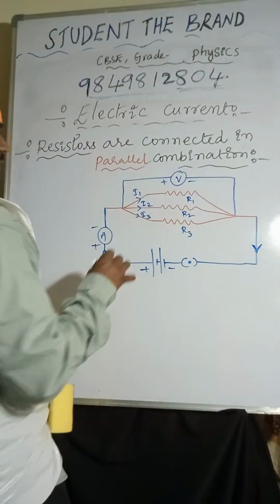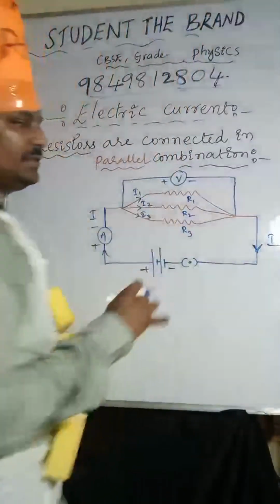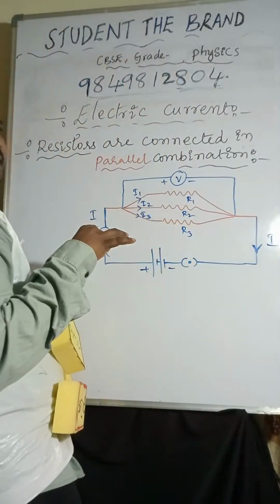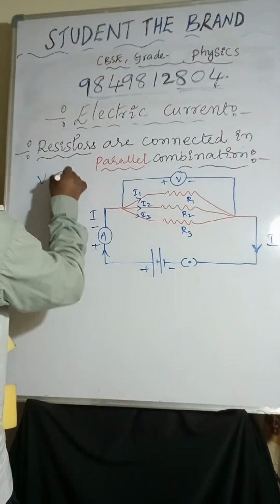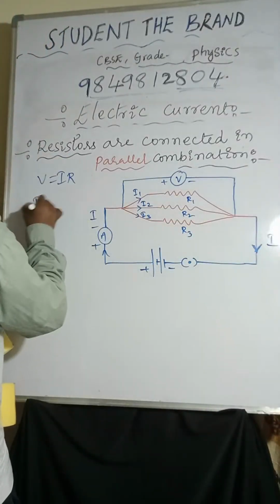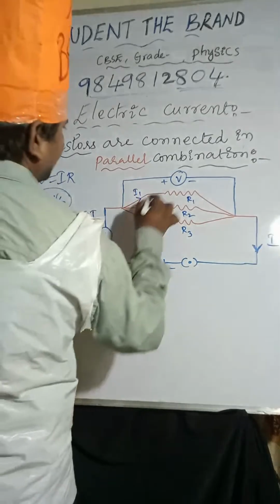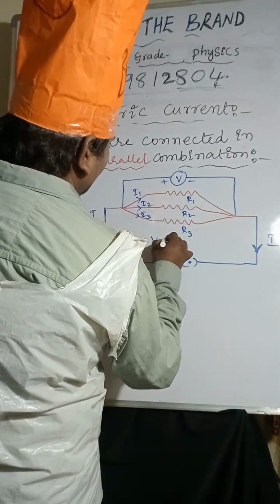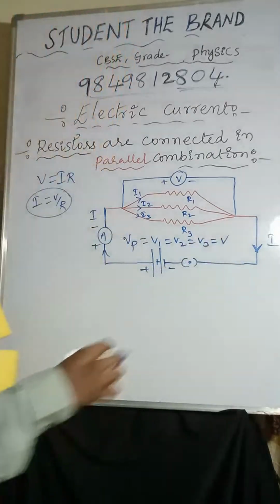Now you can observe current I is flowing, and it is divided into three parts: through R1, I1; through R2, I2; through R3, I3. From Ohm's law, V equal to IR, so I equal to V by R. Here the potential difference is the same: Vp equal to V1 equal to V2 equal to V3 equal to V.